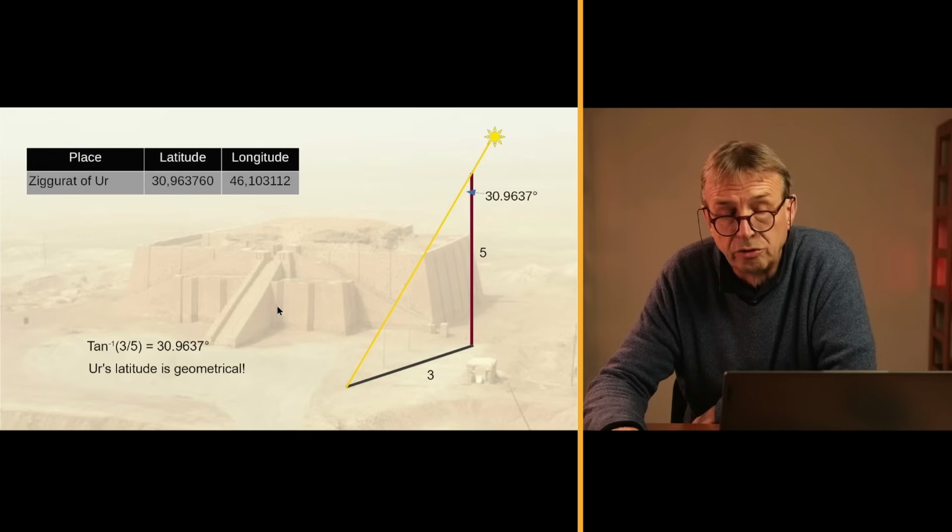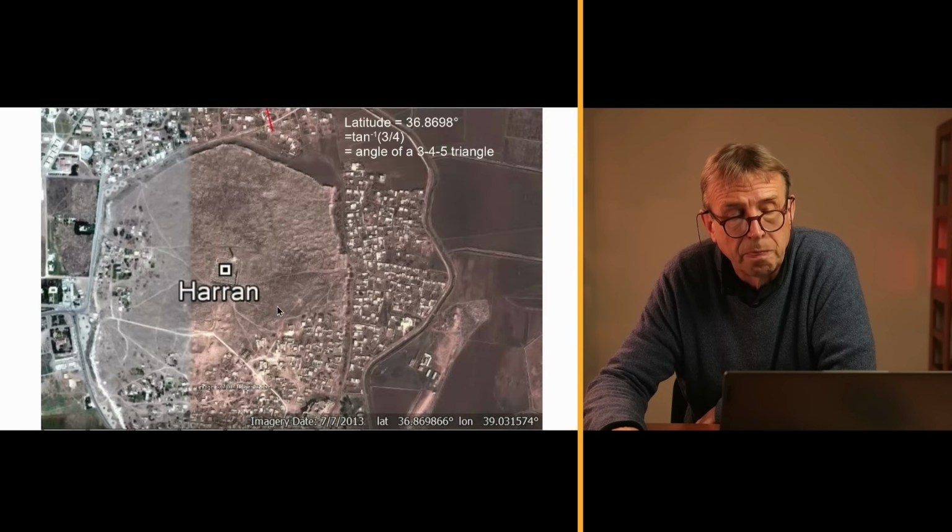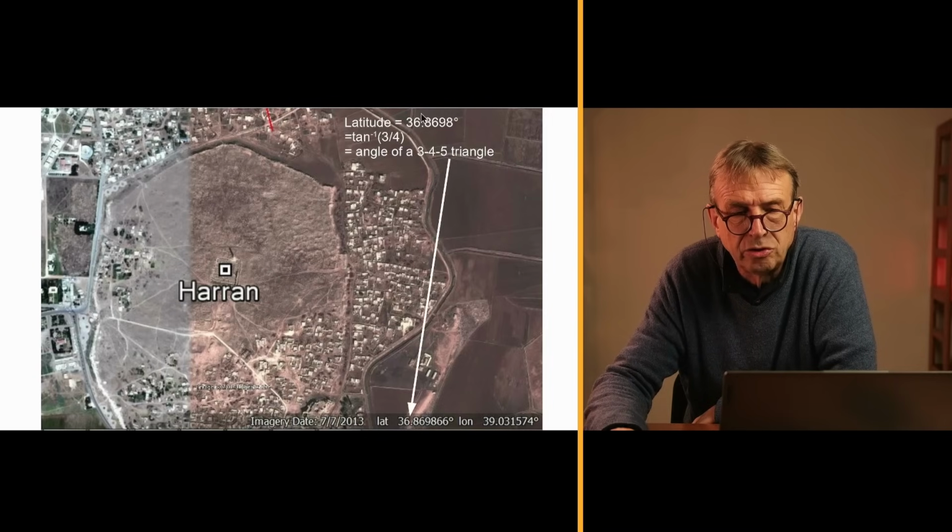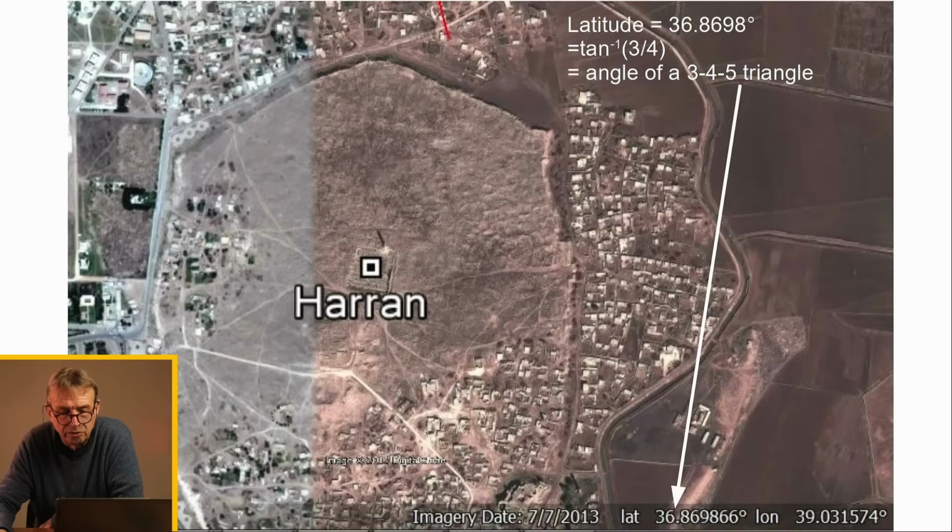So Ur's latitude is geometrical, quite clearly. It's perfect. Now, if we go to the town of Harran, we see here that the latitude of Harran, look at this, 36.8698 degrees. It's here on Google Earth, 36.8698 degrees here. That is the exact angle of the inverse tangent of 3/4, or the angle of a 3-4-5 triangle.